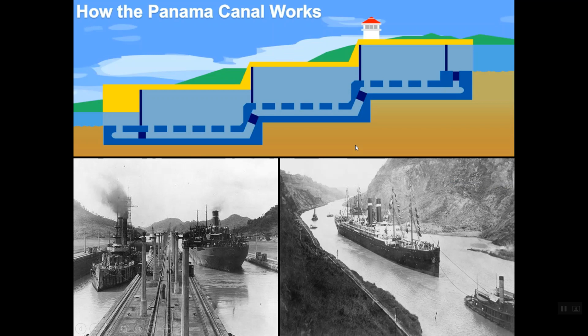And this is how the Panama Canal works. The steamship goes in here, gets closed off, the water level goes up, goes into the next one, closed off, water level goes up, and so on and so forth, and they can get through. So that's basically how it works.